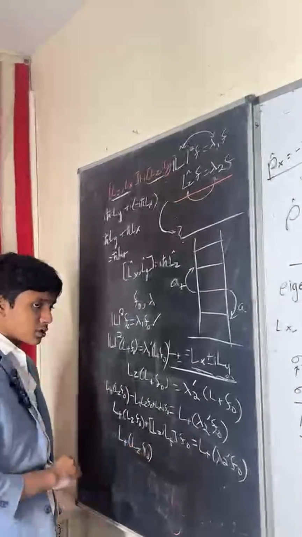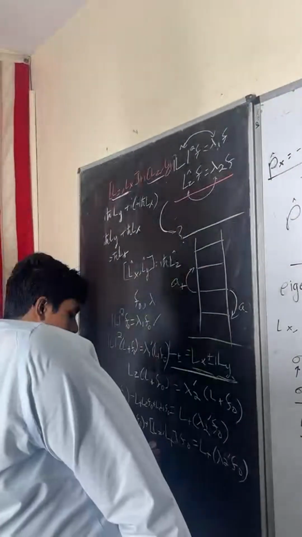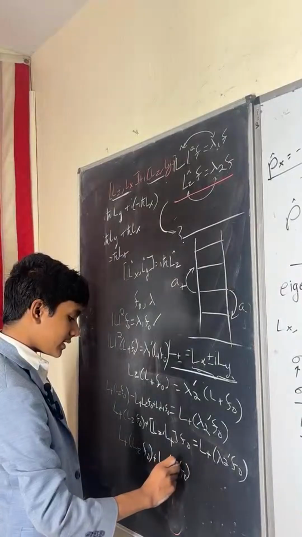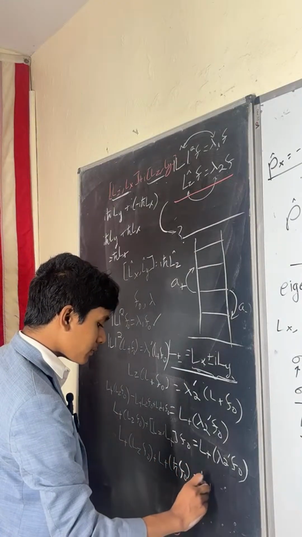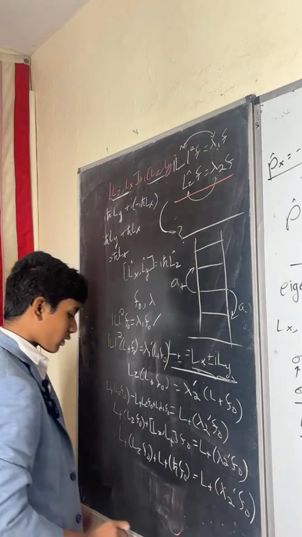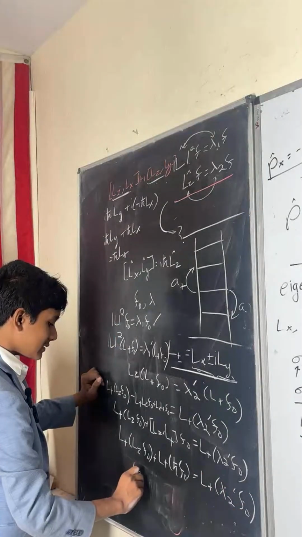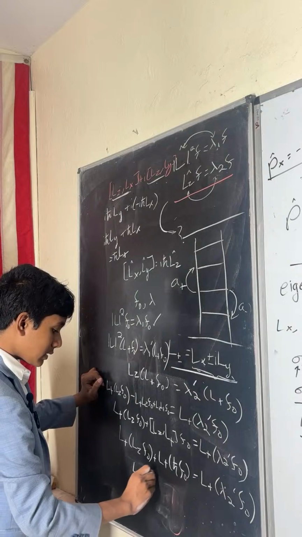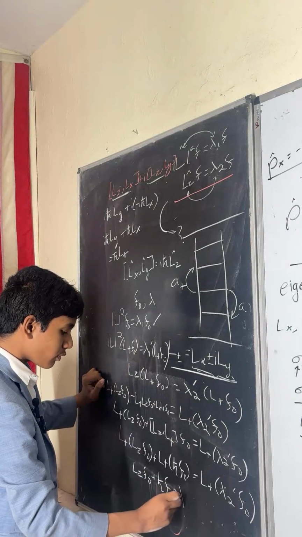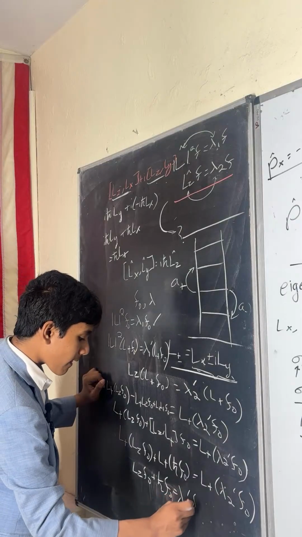Which means that if this is H bar L plus, since operators always commute with scalars, we can write L plus LZ F naught plus H bar L plus F naught is equal to L plus lambda 2 prime F naught. Or in other words, LZ F naught plus H bar F naught is equal to lambda 2 prime F naught.